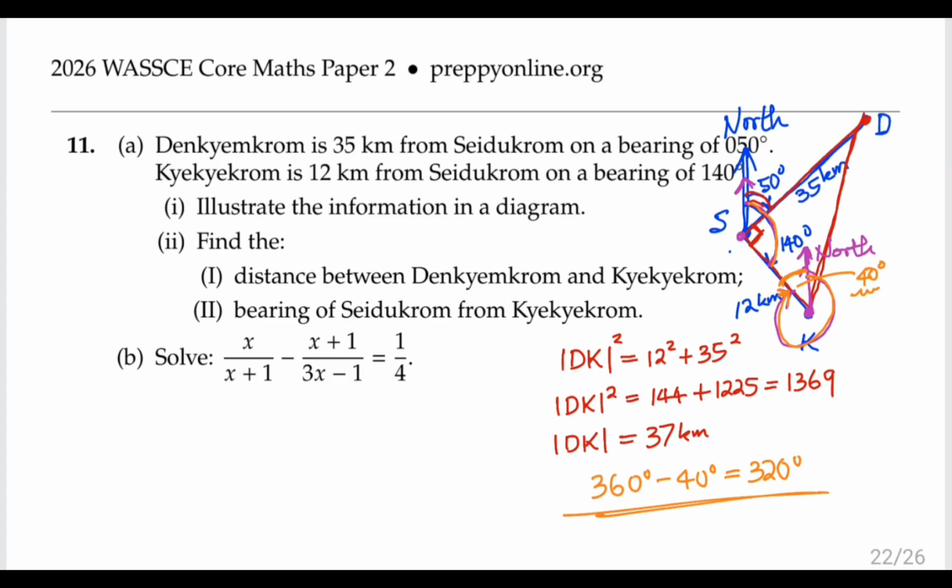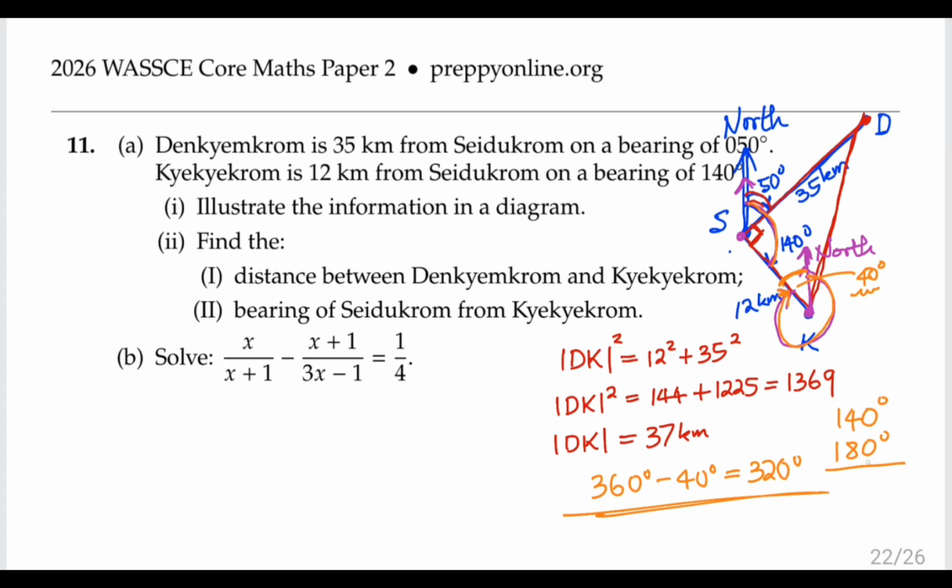degrees. Of course, we can always use the formula that says that if you want to find the back bearing, if the given bearing is less than 180, you add 180 to it. So in this case, the bearing of Chechachrome from Sadochrome being 140 degrees, because that bearing is less than 180, to find the back bearing, we can add 180 to it.